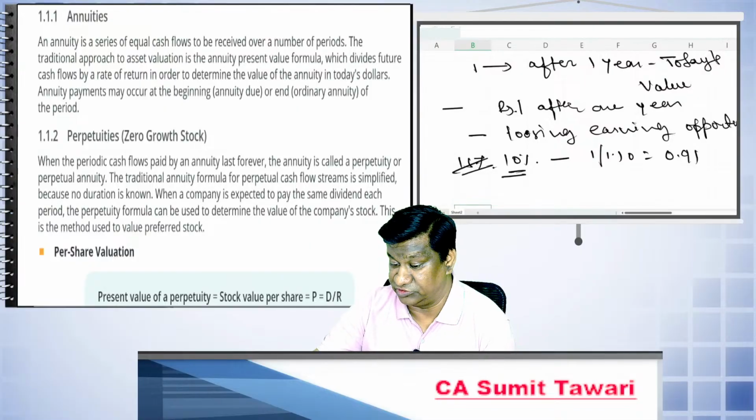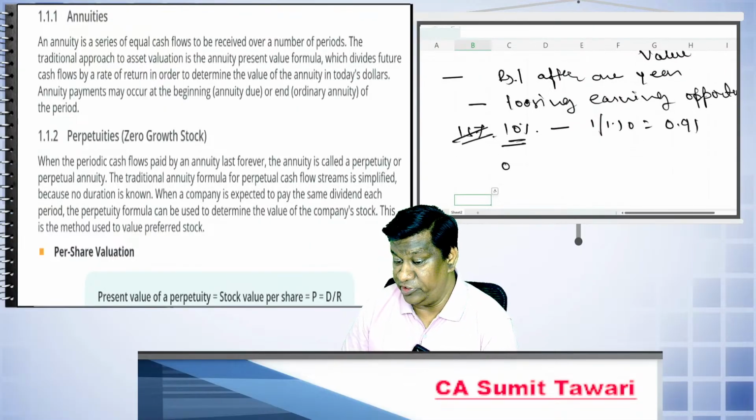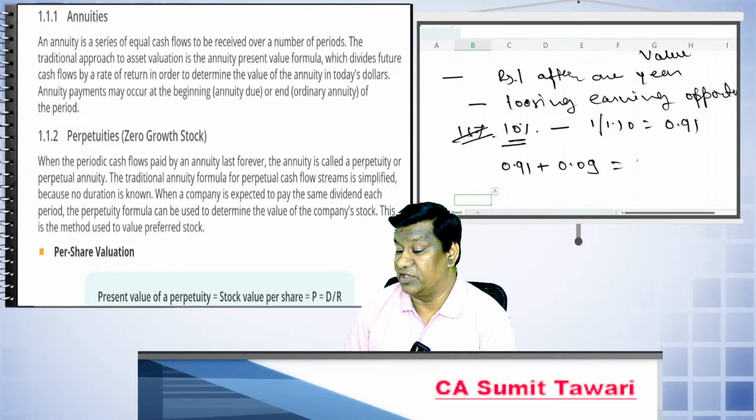Now you can cross-check. If I invest 0.91 today, then I may earn the 10%, which is 0.09, and this will become 1. So if I invest 0.91 today, after 1 year I'm getting 1.